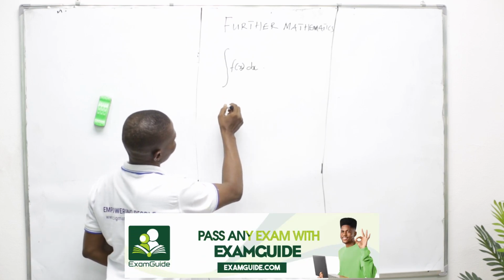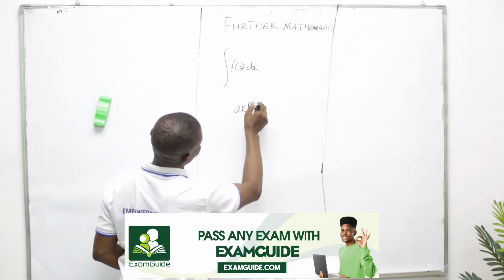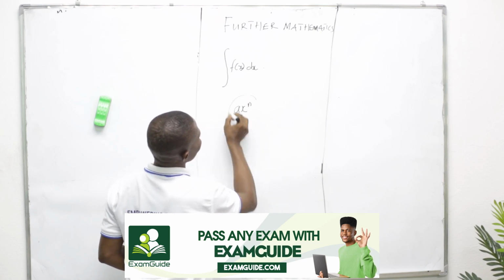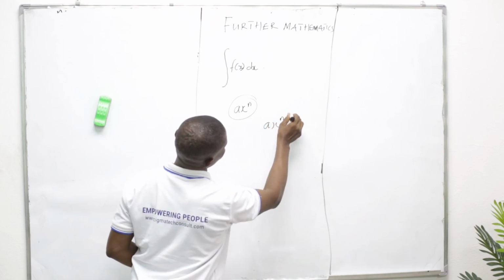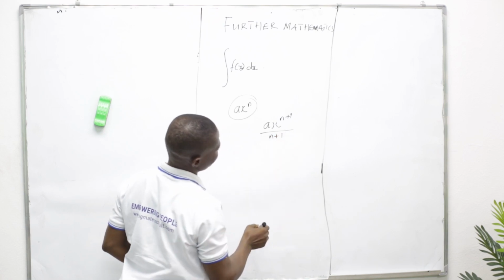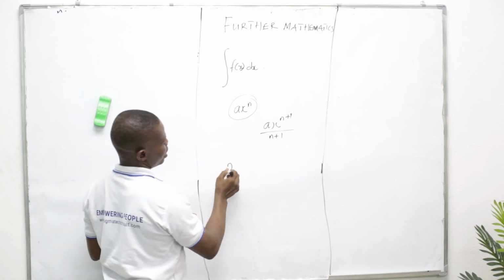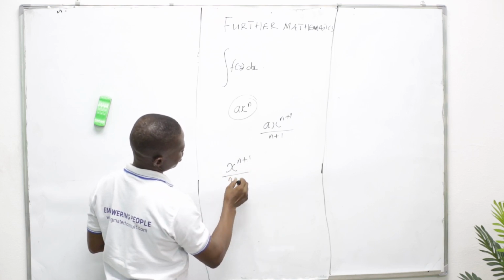Number one, look at the formula a x raised to the power n. When you integrate this, it's going to give us a x to the n plus 1 all over n plus 1. Or you can have x raised to the power n plus 1 divided by what? n plus 1.